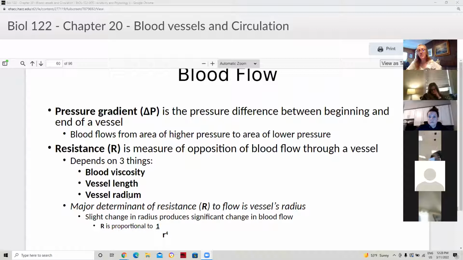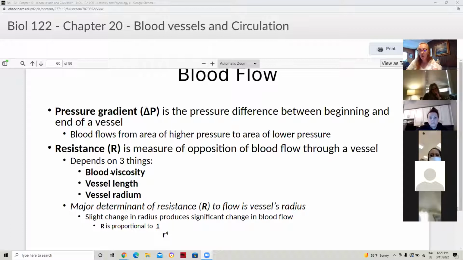Which one is most affected here that would affect the resistance? Casey, tell me which one was most affected. Overall, do you think that their vessel length all of a sudden became significantly shortened?